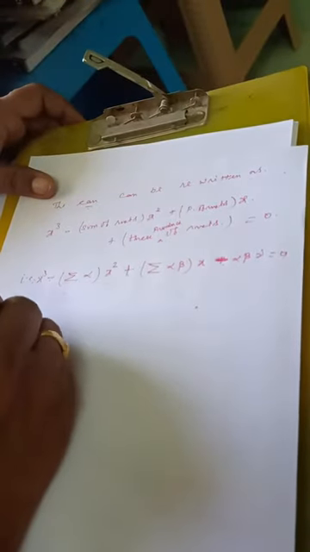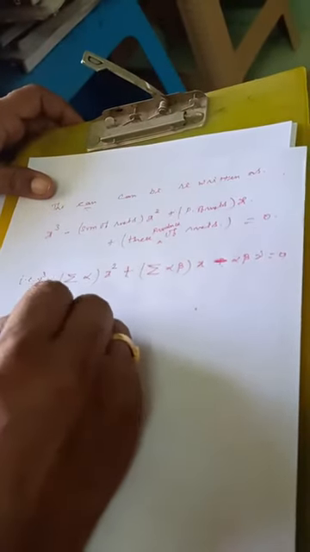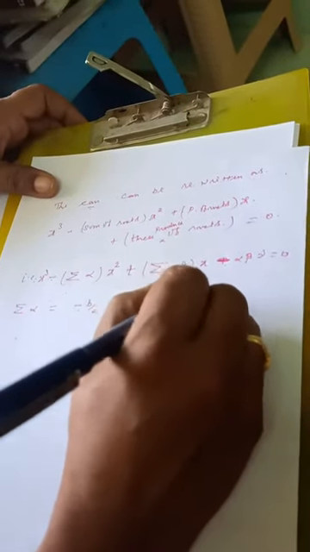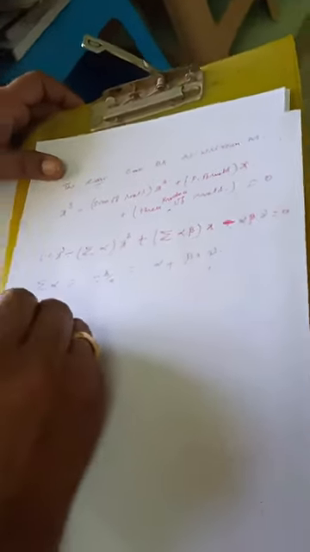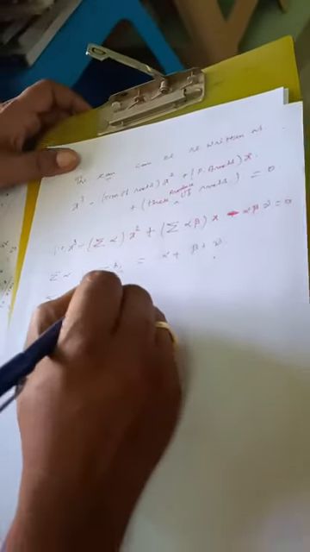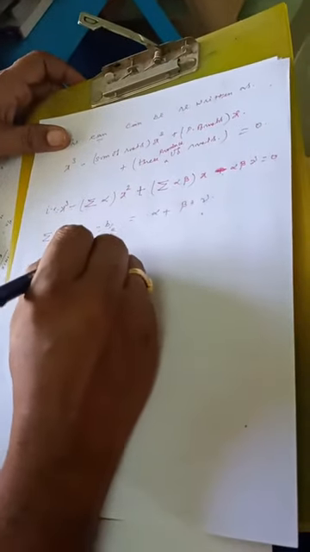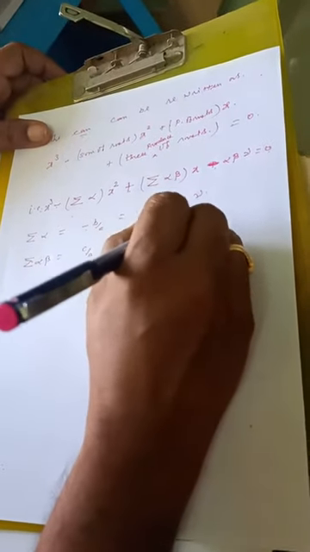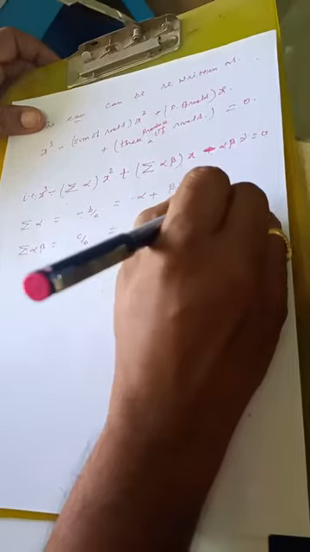So sigma alpha is equal to minus b by a, that is the sum of the roots alpha, beta, gamma. Then sigma alpha beta is equal to c by a, that is equal to alpha beta plus beta gamma plus gamma alpha.